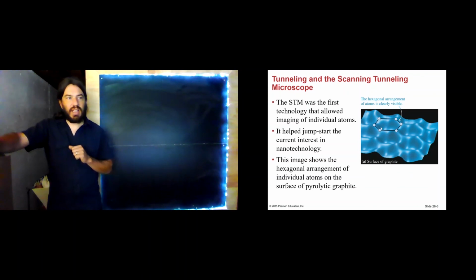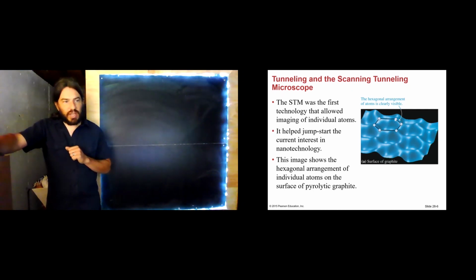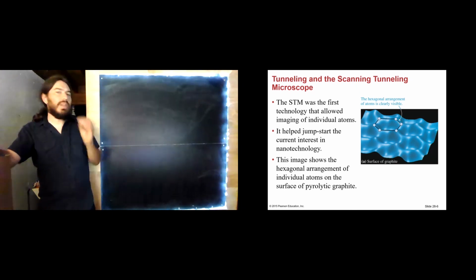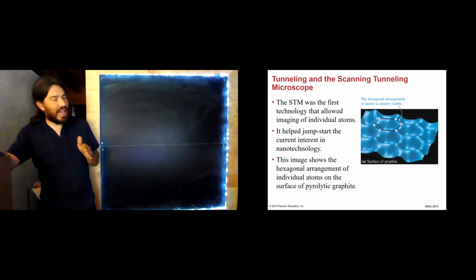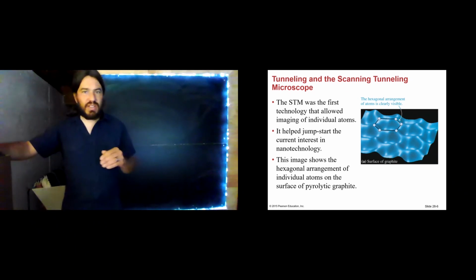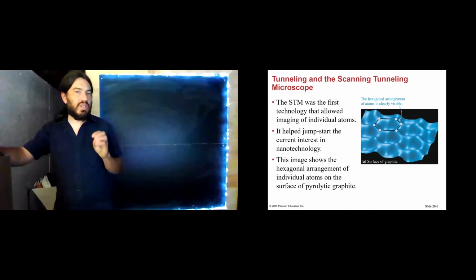This is a scanning tunneling microscope image of graphite, and here we see individual carbon atoms. Each corner here is a carbon atom, and this is a lattice of carbon atoms on the surface of some graphite. And so even though we can't create an image of an atom, right? We can't create an image of an atom because atoms are much, much smaller than the wavelength of light. So diffraction effects make it so that there's zero chance that we'll be able to use light to take a picture of an atom.